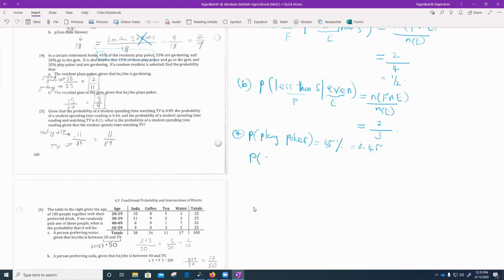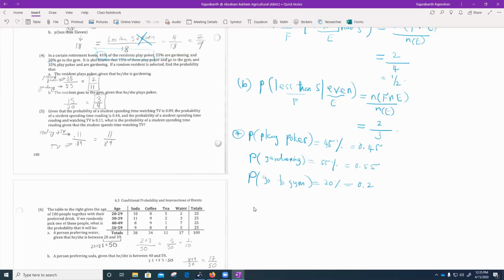Therefore, the probability of doing gardening is 55%, that is 0.55, right? The next one is this: 20% go to the gym. The probability of going to the gym is 20%. That is 0.2.